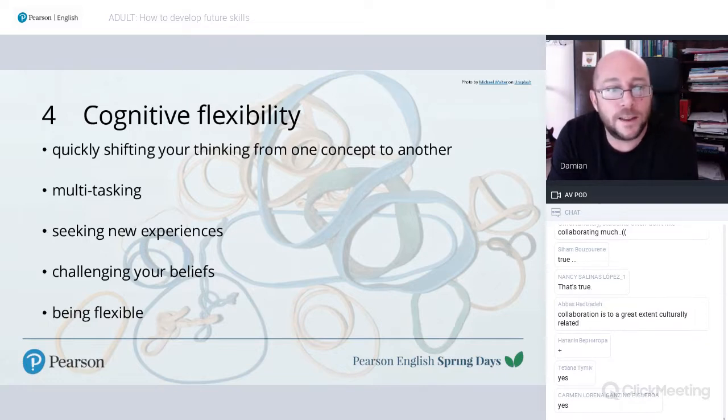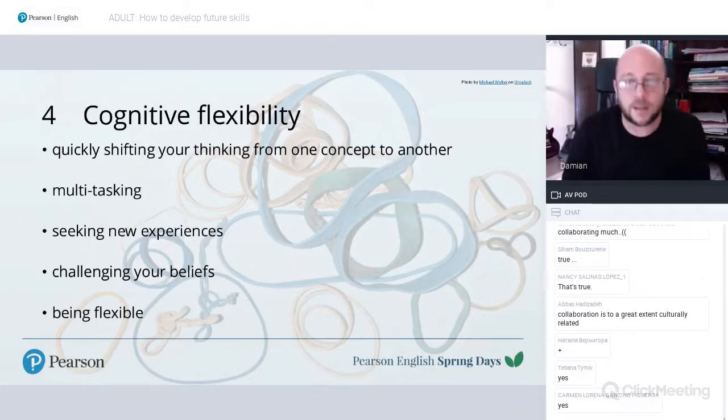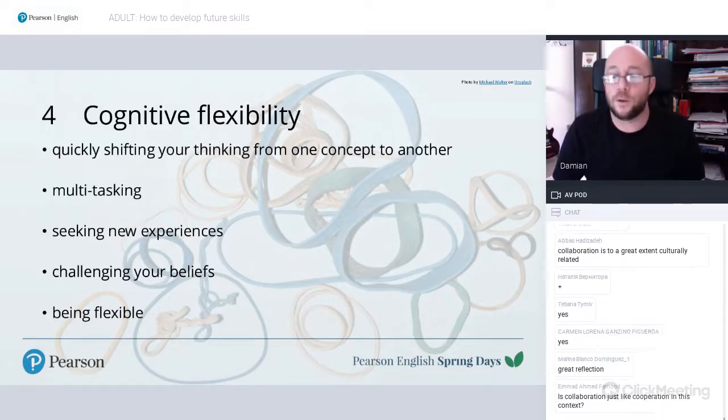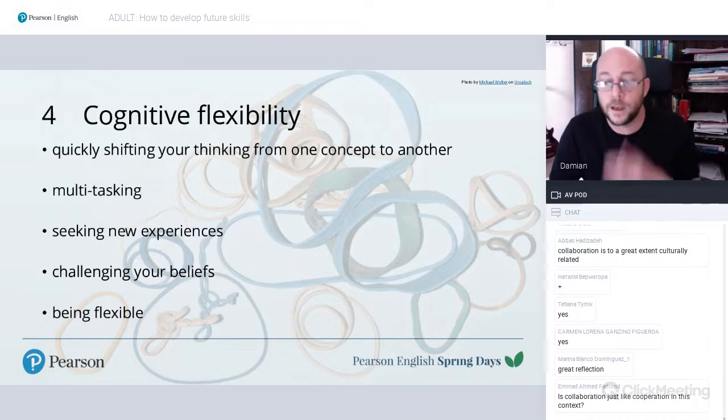Now, whether you think multitasking is a good thing or not, it is a very important skill in the world of work and of academic study as well. In terms of academic study, you have to draw things from different sources. And in work as well as academic study, you often find that you're having to deal with several different issues and problems at the same time.